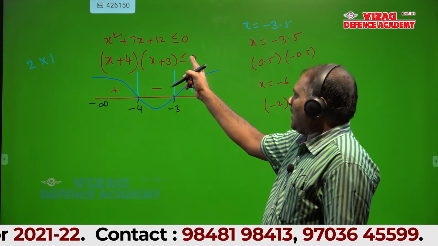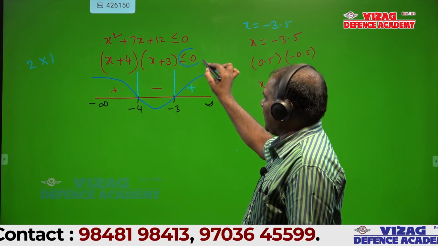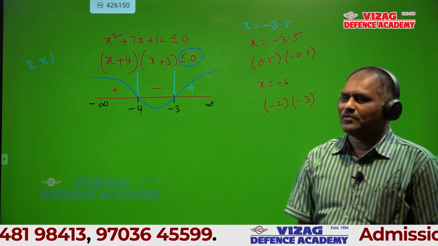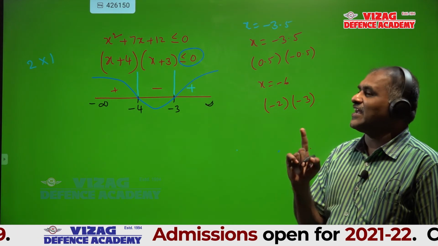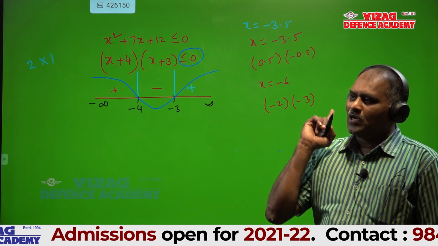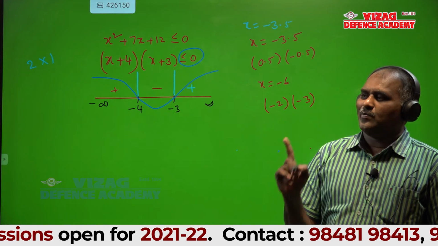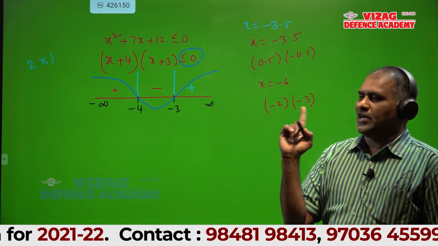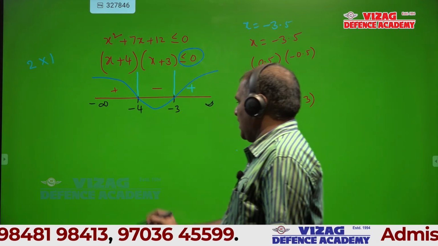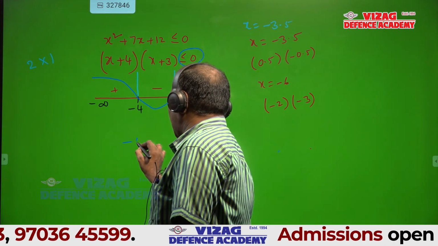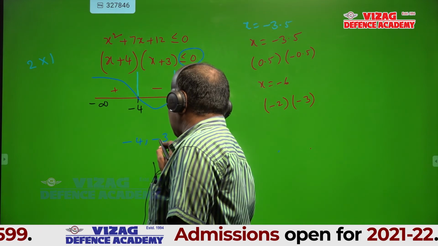But here, is it less than or greater than? Less than or equal to 0. Less than means negative, greater than means positive. Where is the function negative? Minus 4 to minus 3. Therefore, x belongs to minus 4 to minus 3.